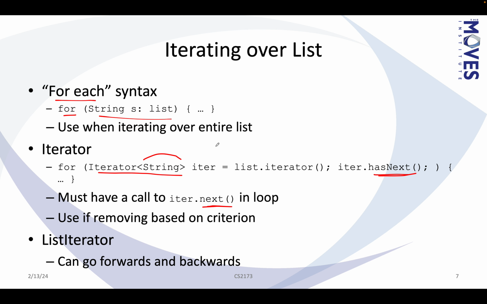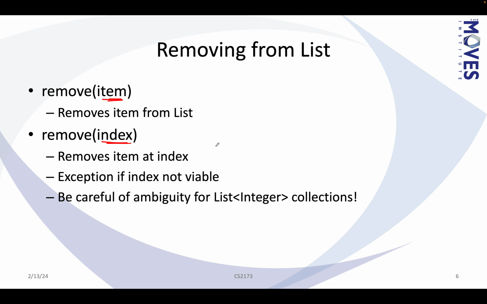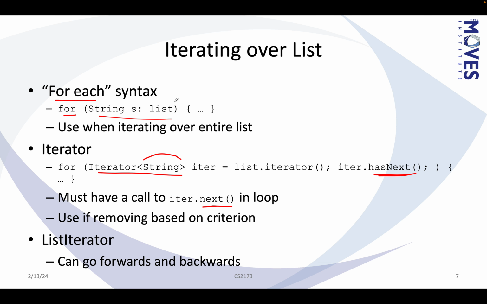Let's say I want to remove one or more items based upon a certain criterion, and I don't know where they are. Why? Because they've been put in some kind of weird order. For lists there's an alternate way, but this is a preferred way of doing it because this works with sets as well.